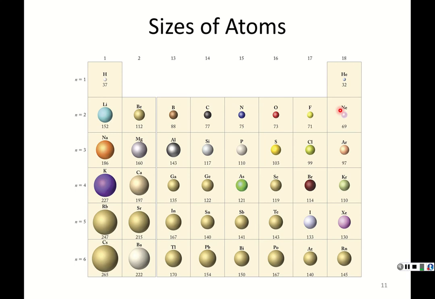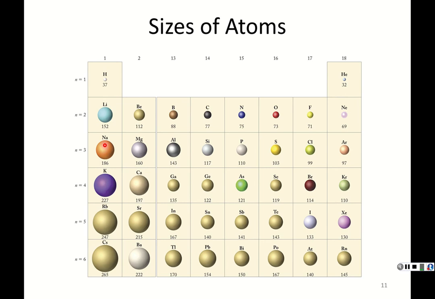Remember the trend in size of atoms? This will follow the opposite trend of effective nuclear charge. As you go down a group, atoms get bigger. As you go from left to right, atoms will get smaller. So going from right to left, the atoms will get bigger. It's the opposite of effective nuclear charge.